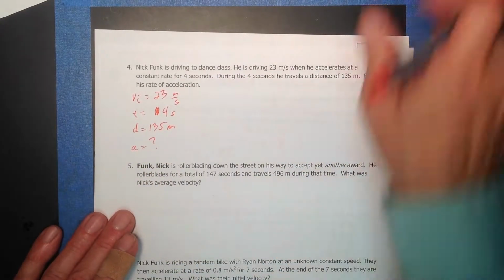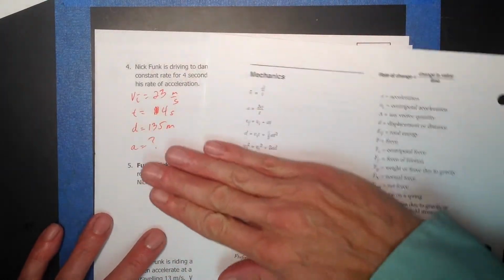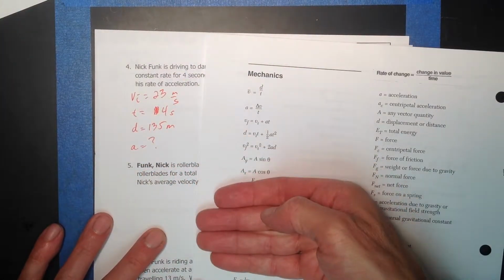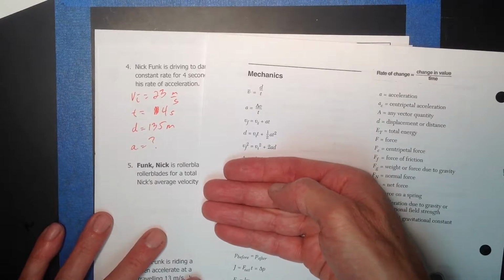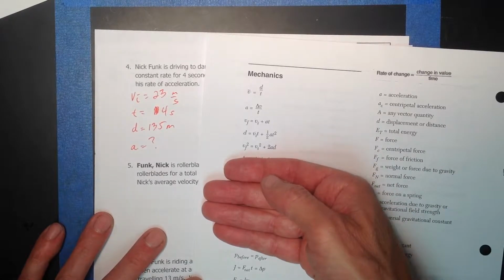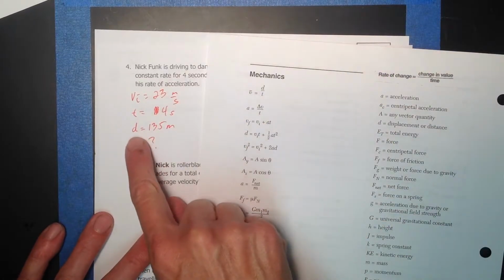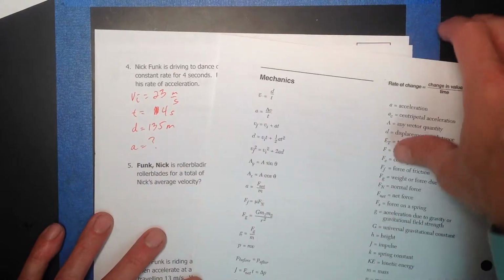So with those, you go back to the reference table. Which of these top 5 are going to have those variables in it? And the answer is going to be this one, 4th one down. Because it has distance in it, and it doesn't have final velocity.